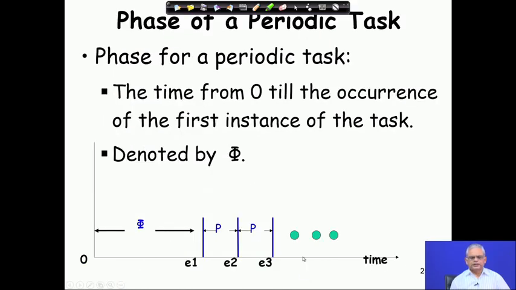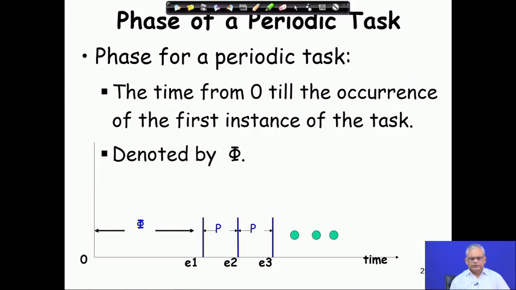Now, let us look at another term, phase of a task, because this is also an important terminology. As we look at the task schedulers, we will often refer to this phase of a task. In any real time application, there are many tasks and a large majority of them are periodic tasks.